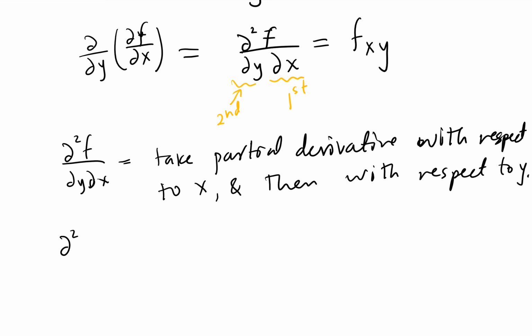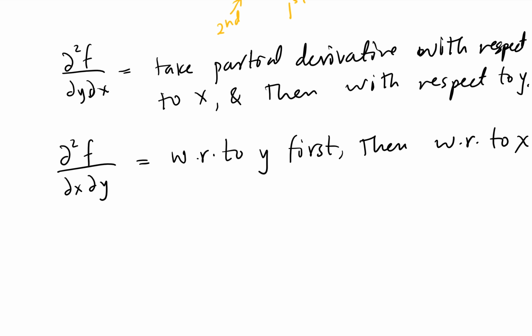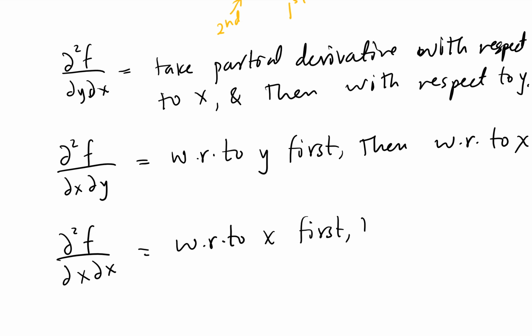So if you are asked this partial x partial y, you take with respect to y first, then with respect to x. How about if they have xx? So what you do, with respect to x first, then you take the obtained answer, do it again with respect to x. So with respect to x twice, 2 times.